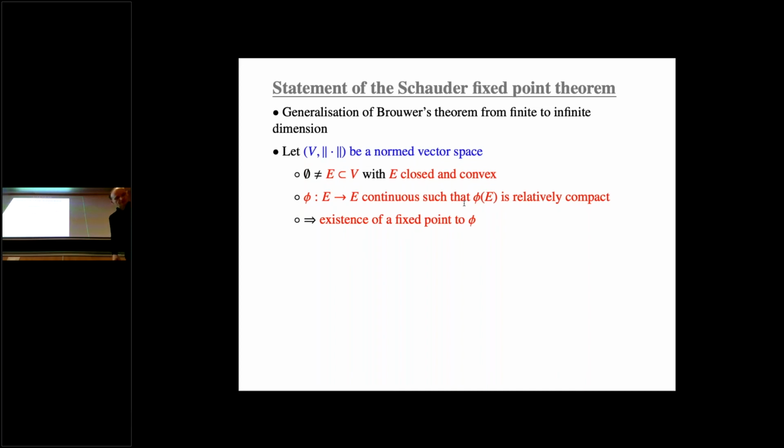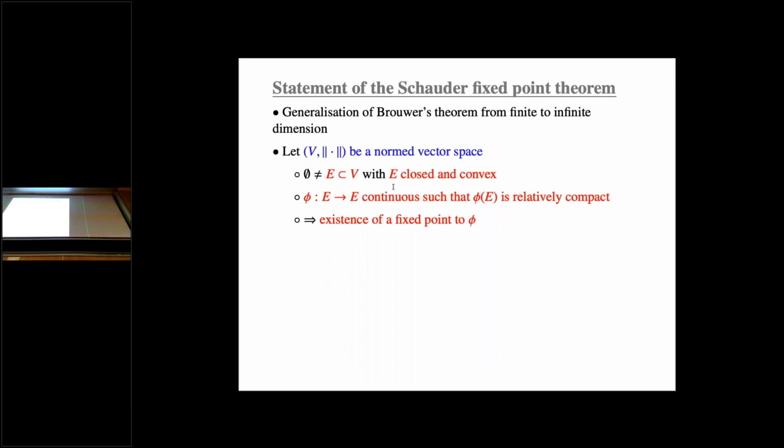So a short reminder, I'm sorry for those of you who know this already, this is basically the shape of the Schauder theorem. You assume that you have a normed vector space. V is your normed vector space, the double bar is your norm, and then you have a subset E that is not empty, included in V, and you assume that this is closed and convex. Okay, first point.